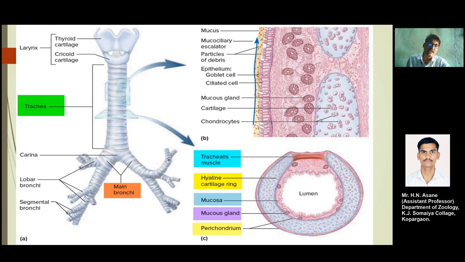The trachea runs from the lower part of the larynx directly to the lungs. This trachea is divided into two main bronchi, and the two main bronchi are again divided into the lobar and segmental bronchi.